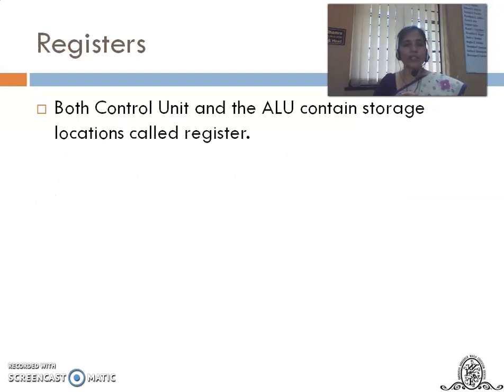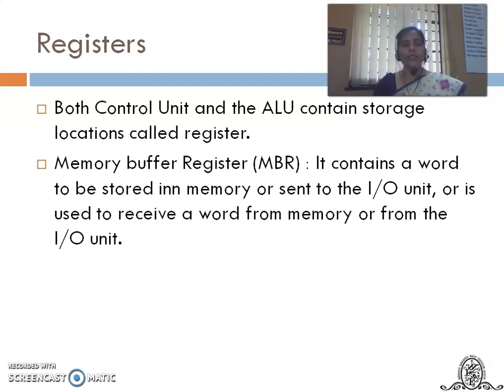Then there are certain registers which are required in the control unit. These are utilized by the control unit as well as the ALU for some temporary storage, and therefore they are called registers. The first amongst them is the memory buffer register, which is MBR.